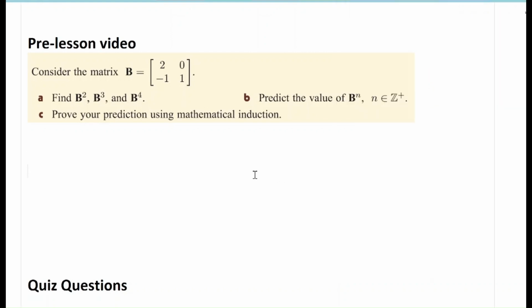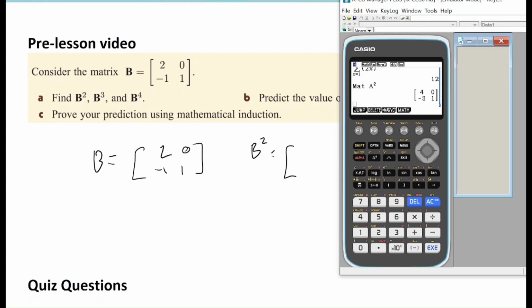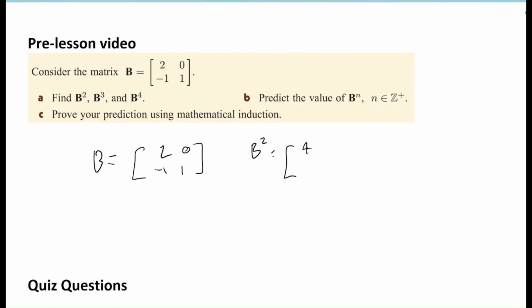This is [4, 0; -3, 1]. So B is [2, 0; -1, 1]. B squared is [4, 0; -3, 1].